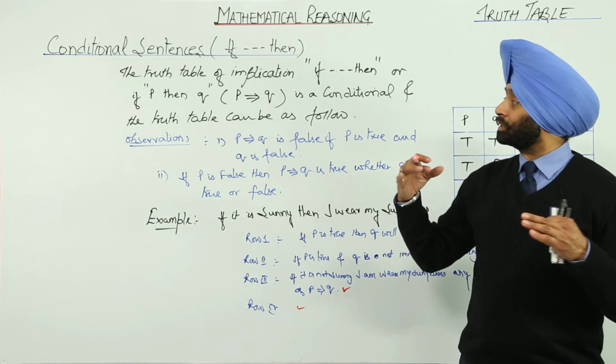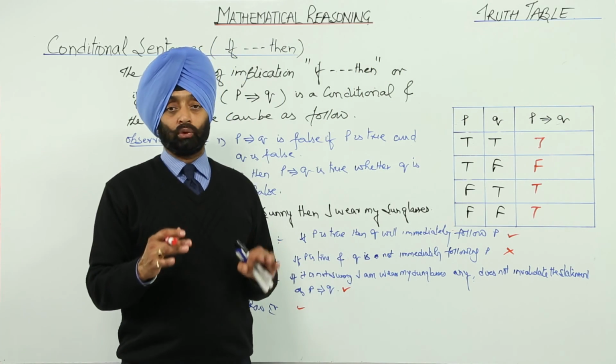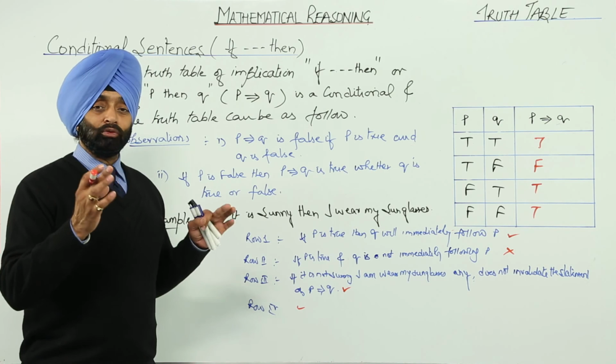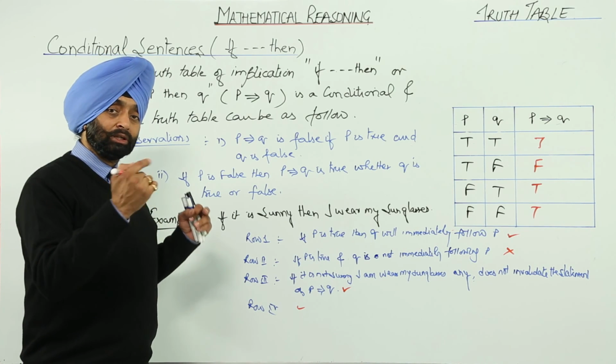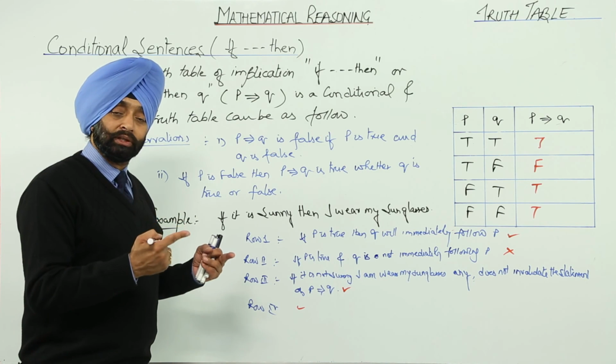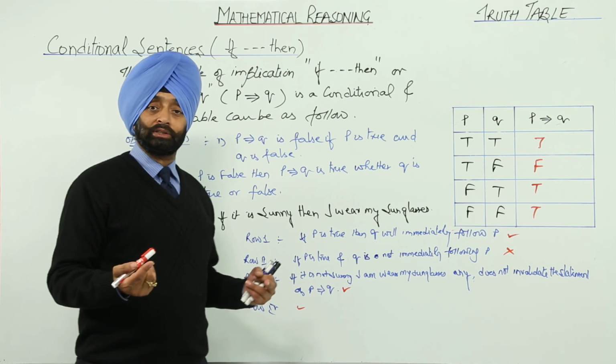So this is the conditional sentence, and especially for the third row we have to be a little more careful. You may ask, sir, in the third row it was not sunny and he was wearing the sunglasses, and in the fourth row it was not sunny and he is not wearing the sunglasses.